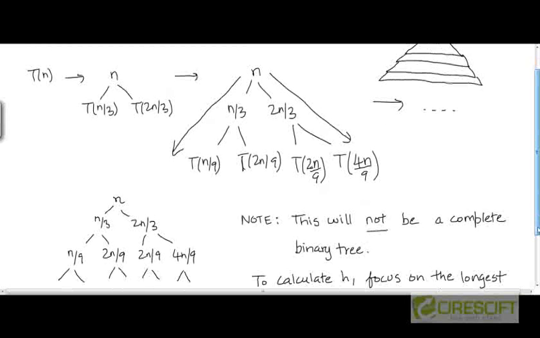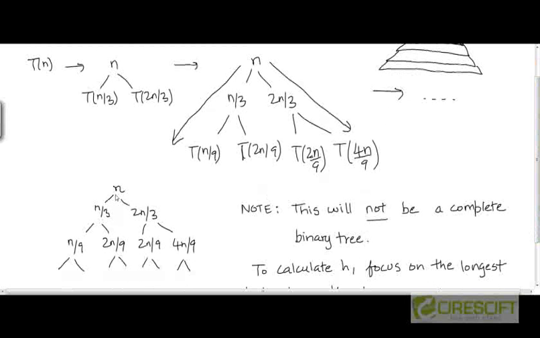If you take any other path, you're reducing the size of the subproblem by a factor of 3, at least at some points, if not everywhere, as in this leftmost path. Whereas along the rightmost path, the size of the subproblem is 2/3 of the previous size all the way down.